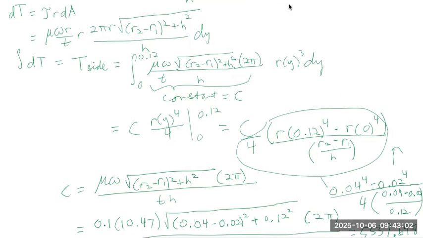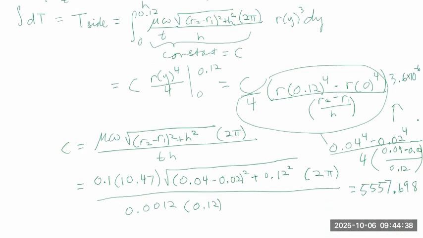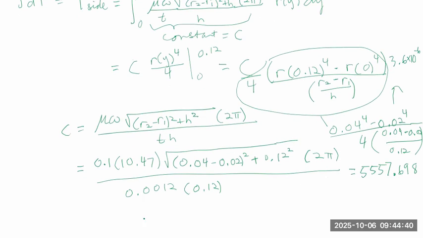And this calculated to be 3.6 times 10 to the negative 6. So T side is equal to 3.6 times 10 to the negative 6 times 5557.698.